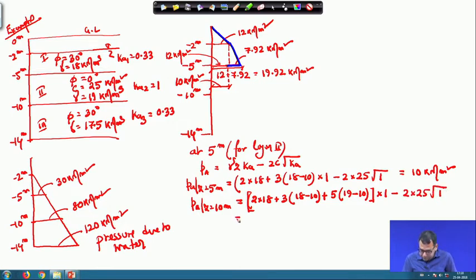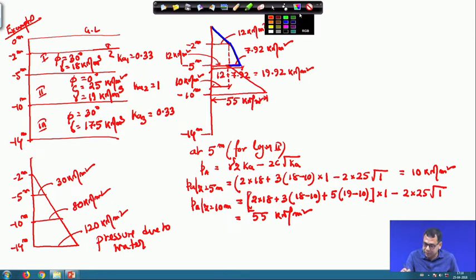So, this value is coming out to be 55 kilonewton per meter square. So, from here we will increase this value up to 55 kilonewton per meter square.